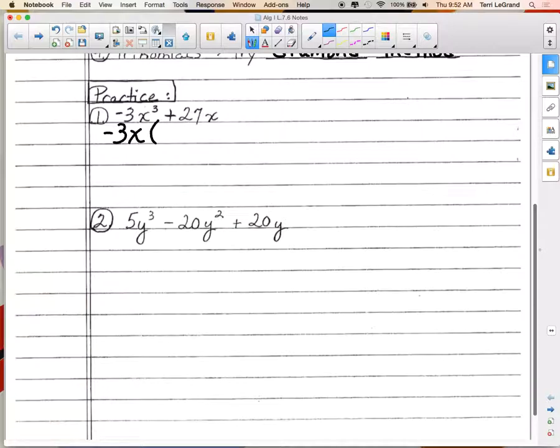So what's negative 3x cubed divided by negative 3x? x squared. Plus negative 9.